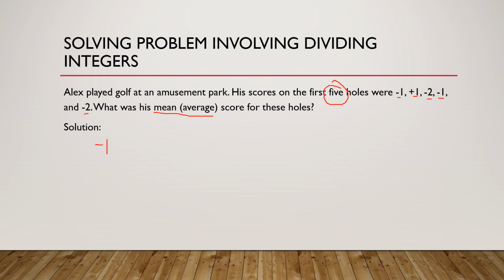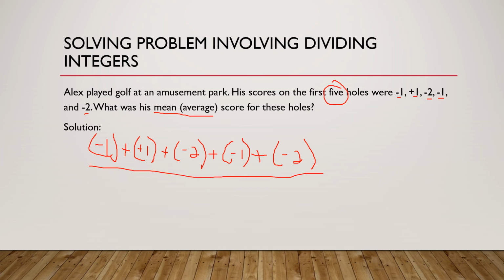So negative 1 plus positive 1, plus negative 2, plus negative 1, plus negative 2. Okay, all over 5. Why? 5 holes eh. So, what are you going to do?